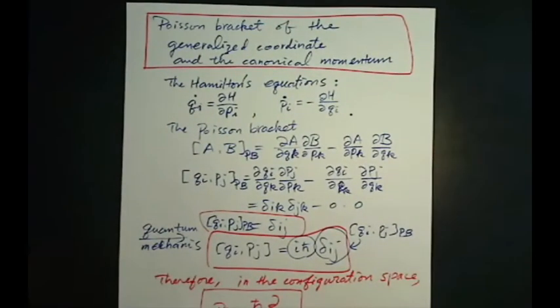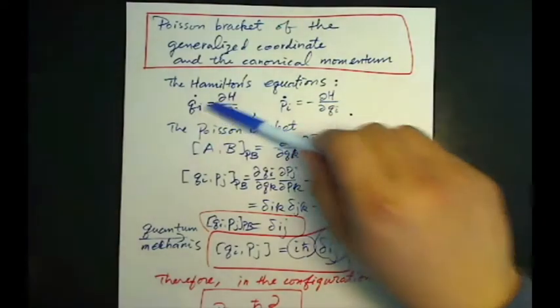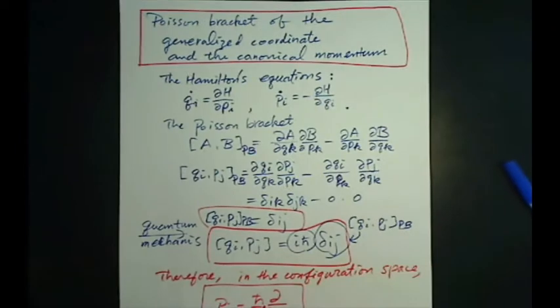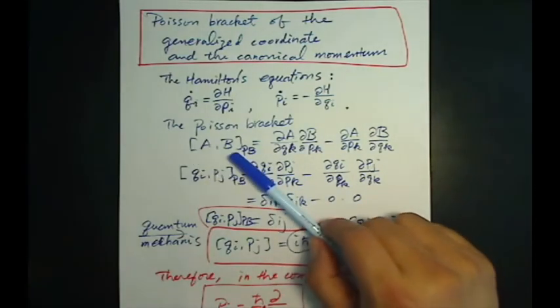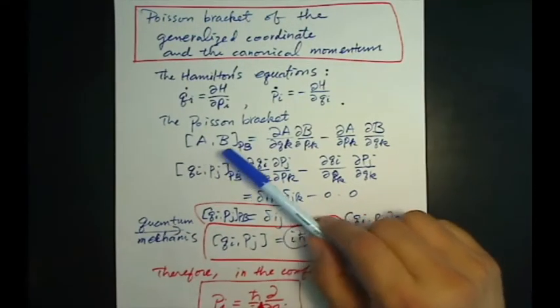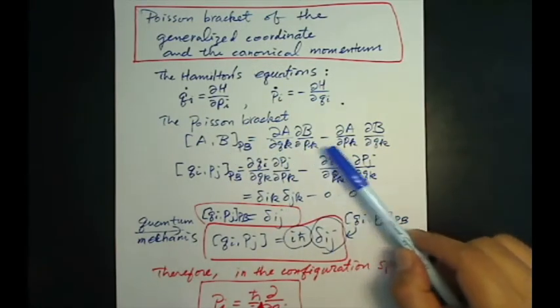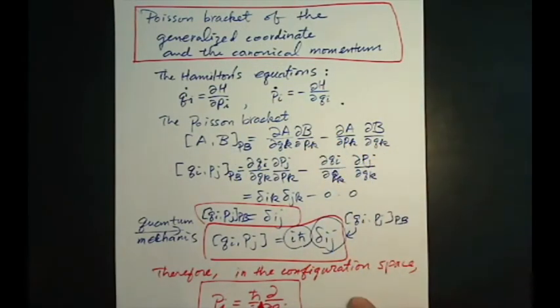The Poisson bracket can be continued to study. We recall Hamilton's equation. It is necessary to describe the Poisson bracket in an easy way. For any mechanical variables A and B, the Poisson bracket is expressed as the qp and pq derivative subtraction.